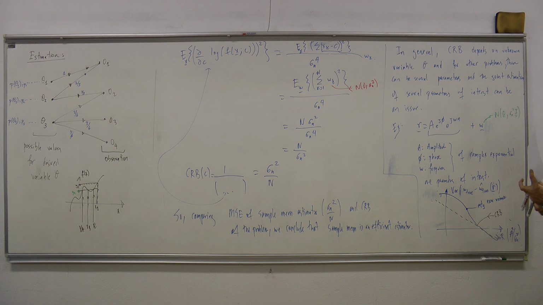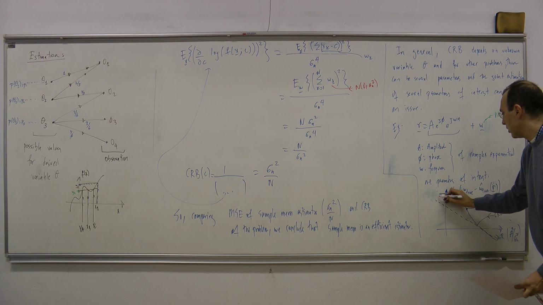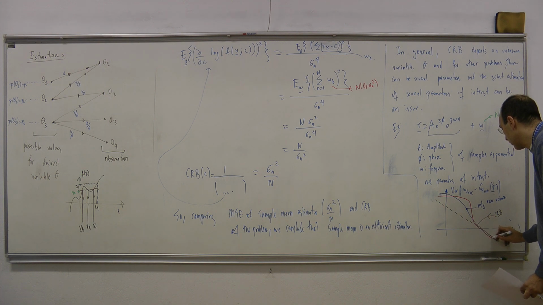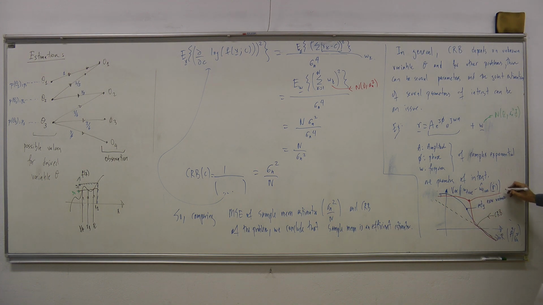You may have another estimator. So this is maybe something like this. So this is estimator 2, error variance. Or let me write MSE, because let's say we have something like that, MSE.